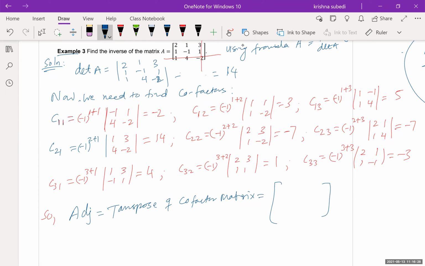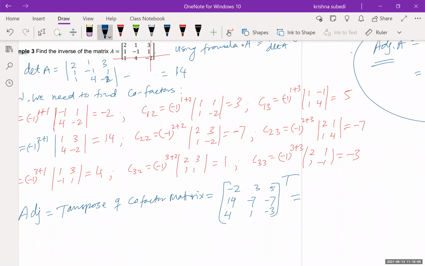So the cofactor matrix is C11, which is negative 2, C12 is 3, and then 5. Okay, I write down all the elements in the first row, and let us write down the second row, which is 14, negative 7, negative 7, and the third row will be 4, 1, negative 3. That is the cofactor matrix, and we need to transpose it.